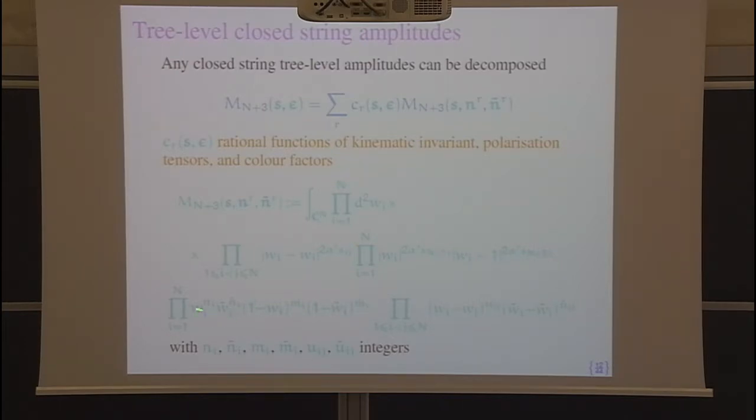What is important as well is that I just have the variables to some integer powers: wi to the ni, w bar to the n i bar, etc., and 1 minus wi to the mi, 1 minus w bar to the mi bar, etc. These are integers. They can be positive or negative, but they are integers. This is why I don't have absolute values.